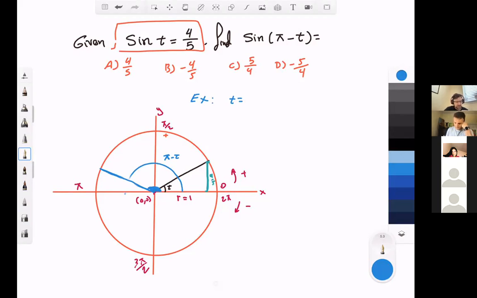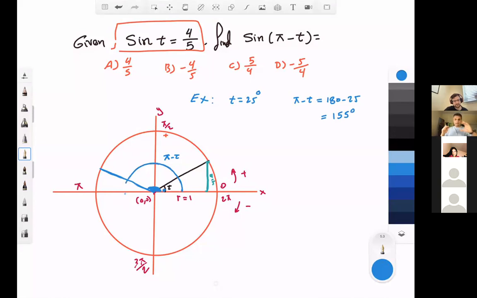So I have a new student. t equal to, for example, 75, correct? Well, let's make it 25 degrees. Then pi minus t will be 180 minus 25, which is 155 degrees, correct?